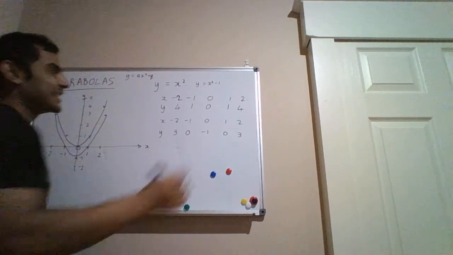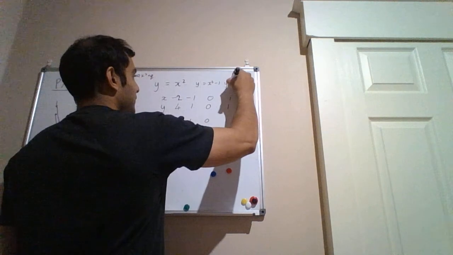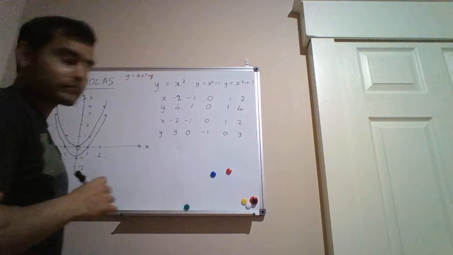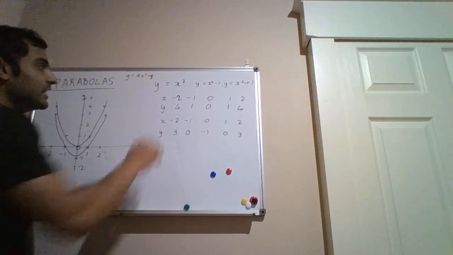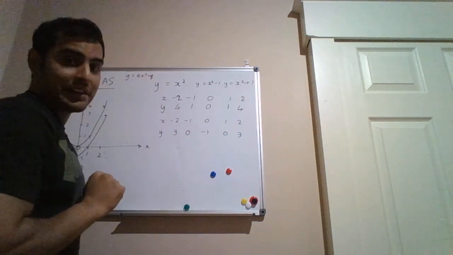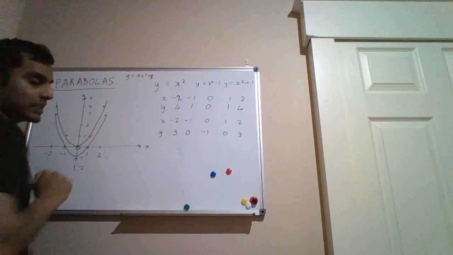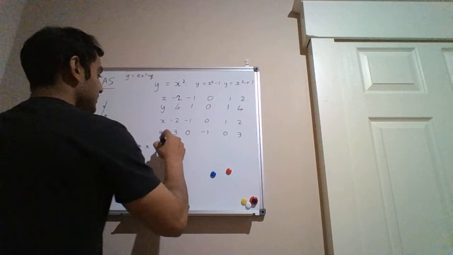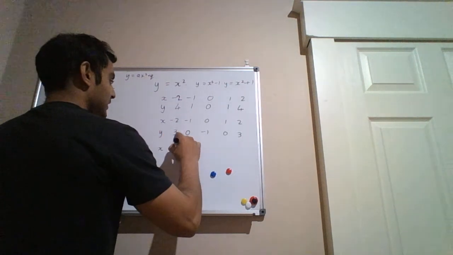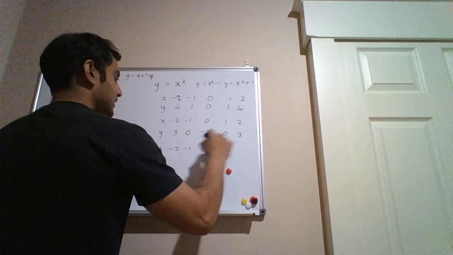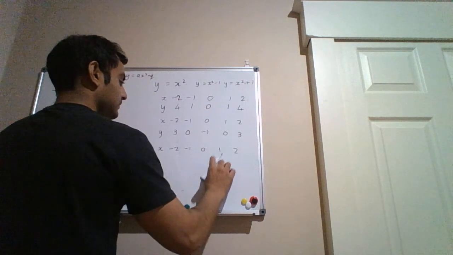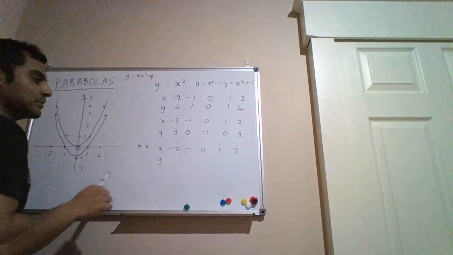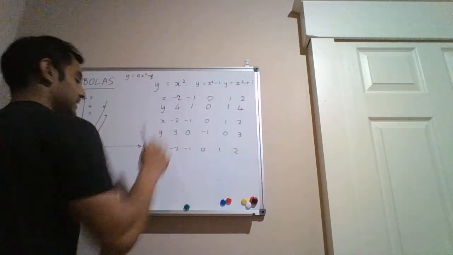So now what would we expect for the parabola y equals x squared plus 1? Here we would expect that everything is moved 1 up if we look at it in relation to the first parabola. So let's check with some points. So when x equals minus 2, we substitute it in here.